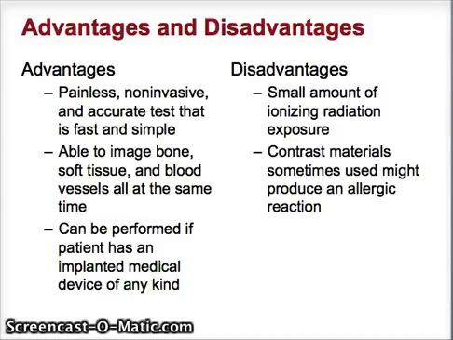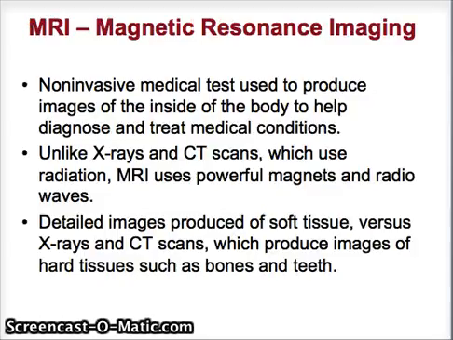Alright, so now on to the MRI. So MRI gives you similar views as a CT scan, but they use powerful magnets, and you can see the soft tissues better rather than the bones and the teeth. So if you really want a good picture of the soft tissues, you're going to look at the MRI.